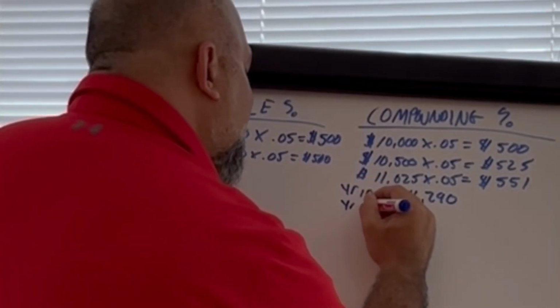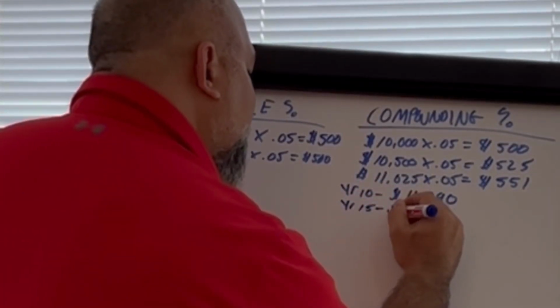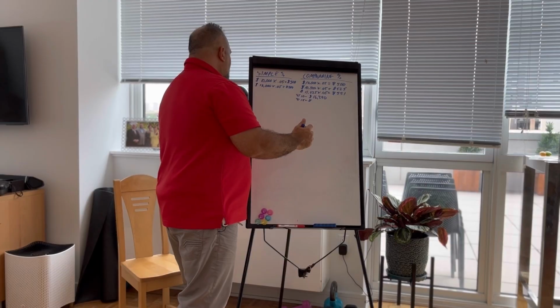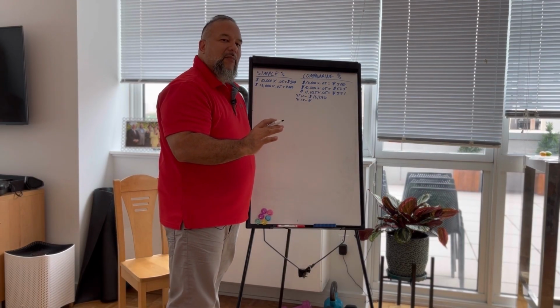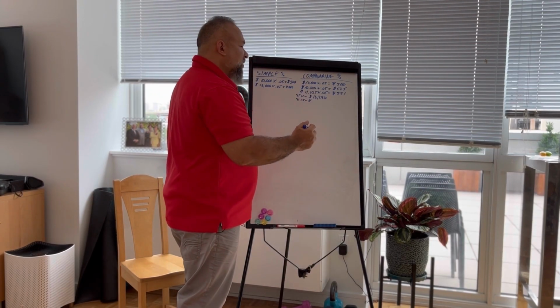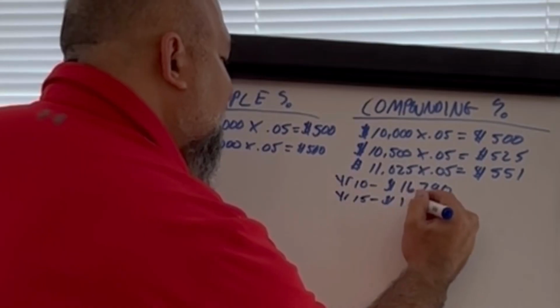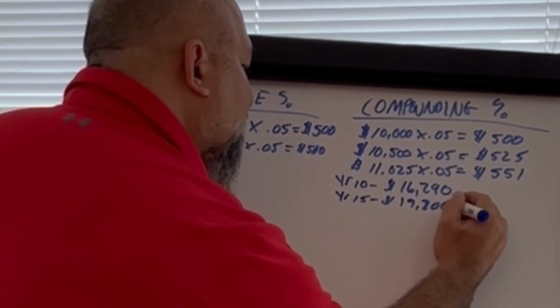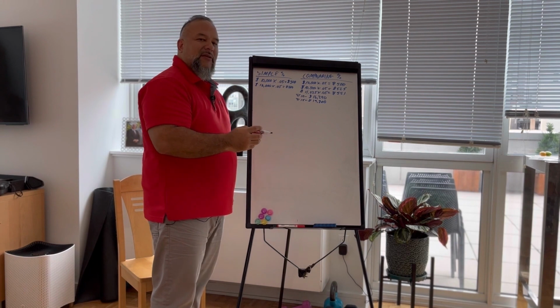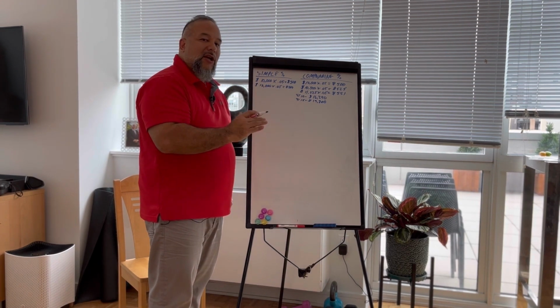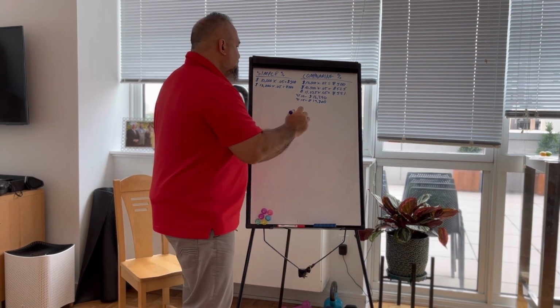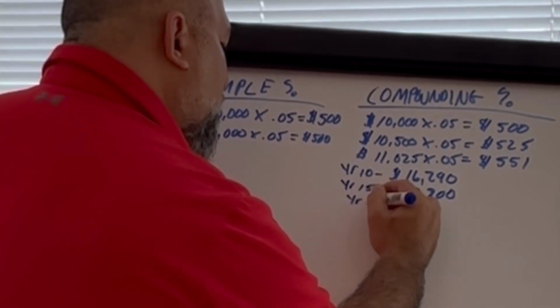But let's jump ahead to year 15. What does that look like? Year 15, your money is almost going to completely double from the original starting point of $10,000, at $19,800. So in 15 years, whatever money you put in, it's almost going to be double. Okay? Let's just keep it going. What does year 20 look like?